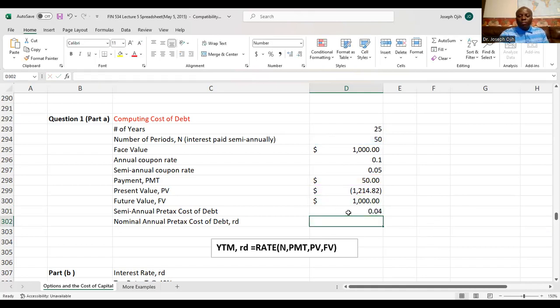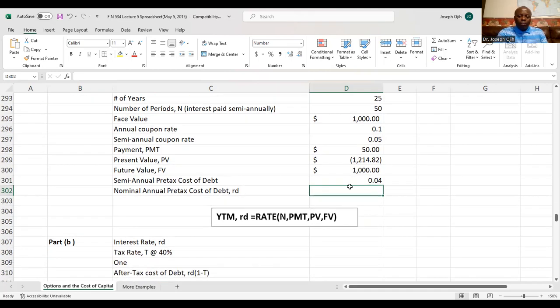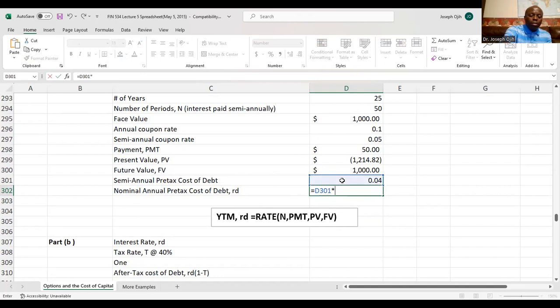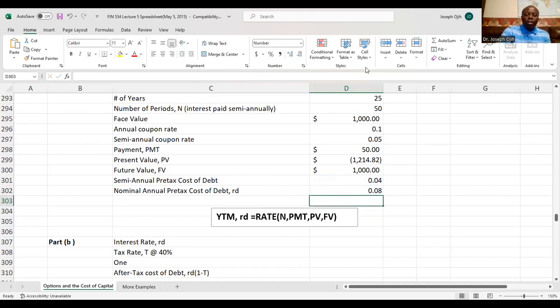It gives you the semi-annual pre-tax cost of debt in decimal form. Don't worry, we will change it to percent. So now this is for semi-annual. For the annual one, you just multiply by 2. Remember, they give you the answer in the form of decimal.